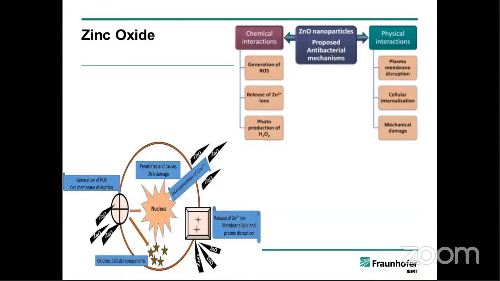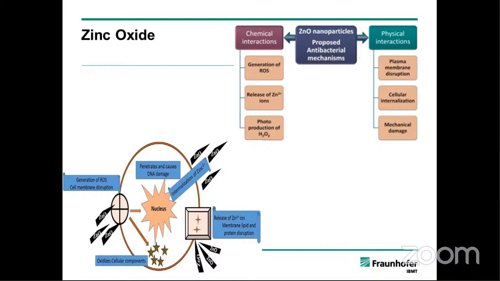Then come to the zinc oxide. Zinc oxide is a very lethal particle for eukaryotic and bacterial cells. It especially comes with the phenomenon of dissolution. It produces ions when interacting in the media with the cells.